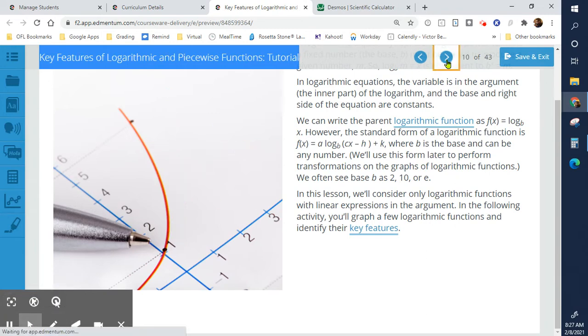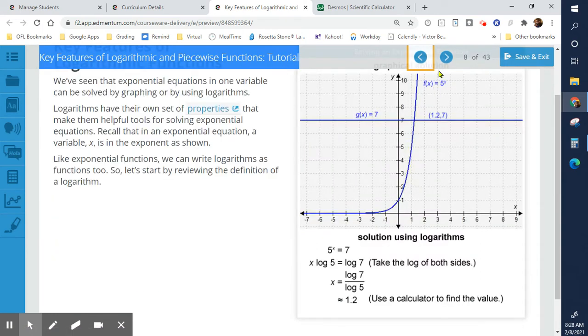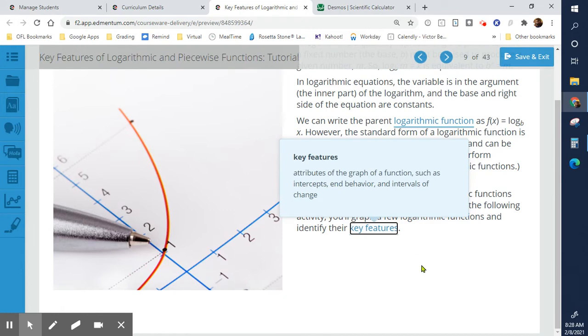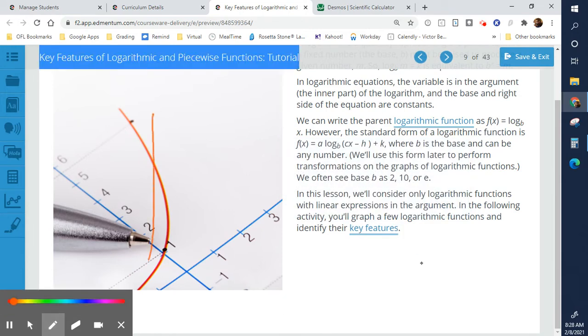So going on to the next one. Oh, and key features. When they talk about key features of a logarithm, they're talking about where the asymptote is. Sometimes we do change this asymptote.